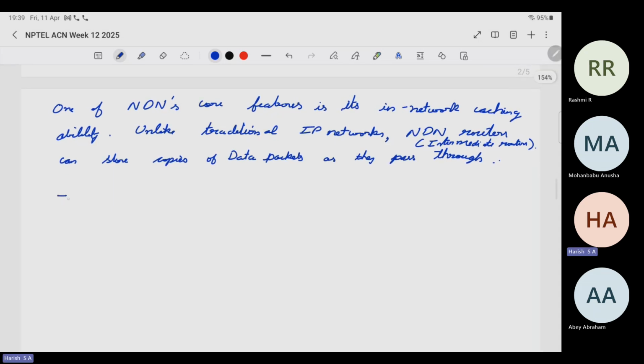So what is the advantage? It reduces redundancy and latency. It reduces both of these.